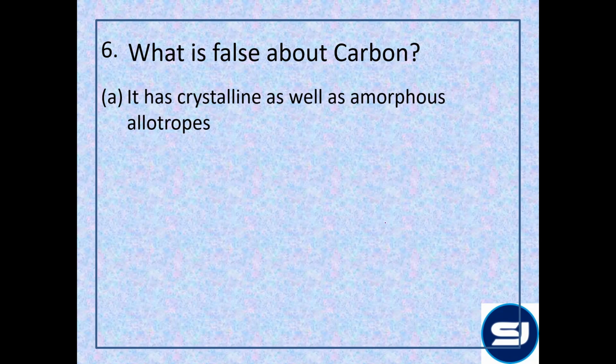Charcoal, lamp black, ये सारे जो allotropes है, they are amorphous in nature. Graphite, diamond, and fullerene are crystalline allotropes. So the fact is, carbon can have both type of allotropic forms possible.